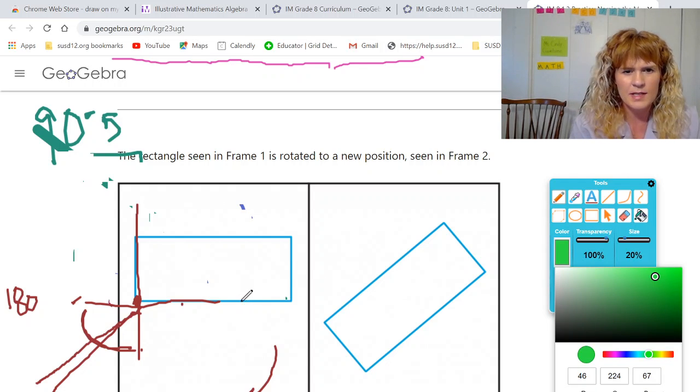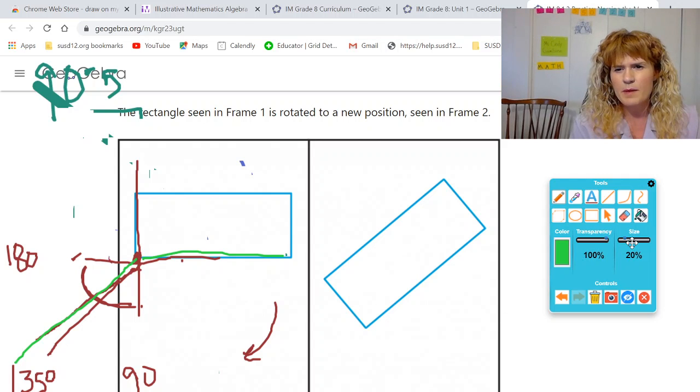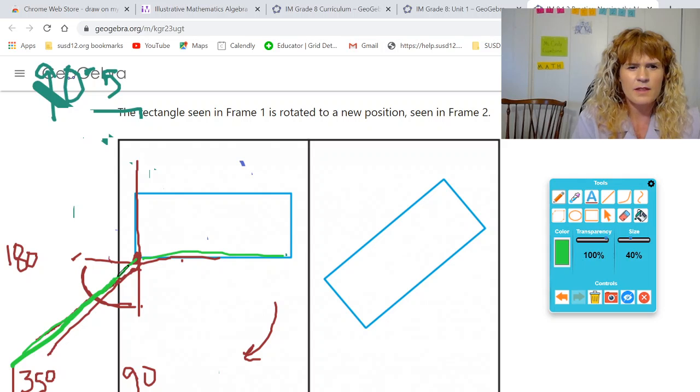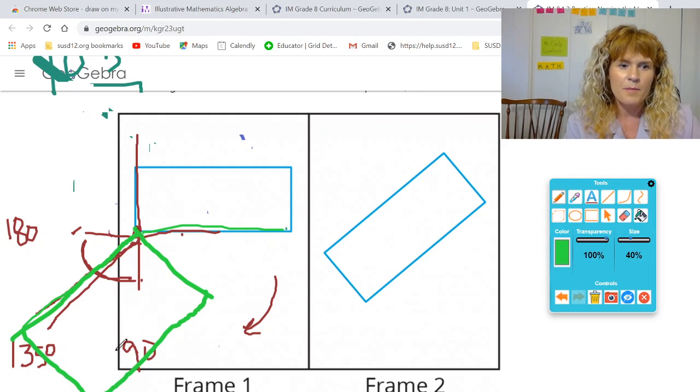Okay, let's rotate it. This bottom part of the shape now is going to be drawn all the way over here. I want to make my line a little bigger. There we go, right there. And it's a rectangle, so I'll just draw that rectangle now. What do you know? Yes, they look the same, don't they? Or my drawing is not to scale, but they are going the same direction.